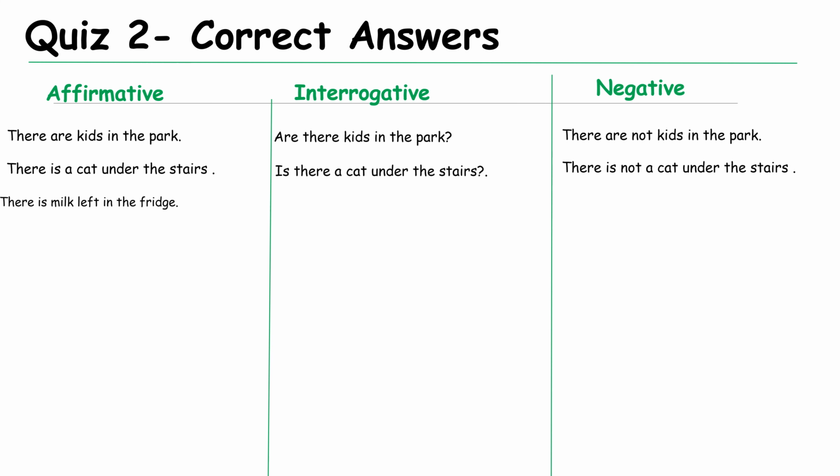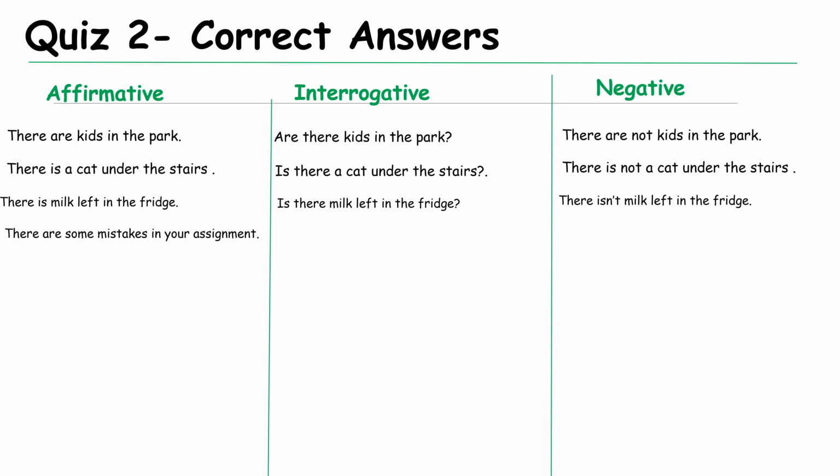There is milk left in the fridge. Is there milk left in the fridge? There isn't milk left in the fridge. There are some mistakes in your assignment. Are there any mistakes in your assignment? There are not any mistakes in your assignment.